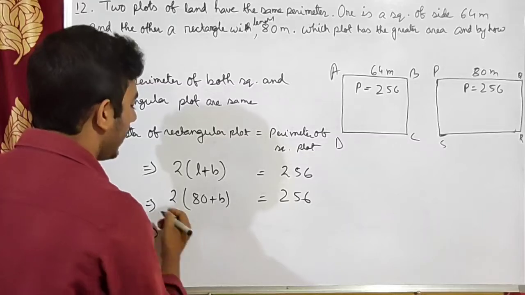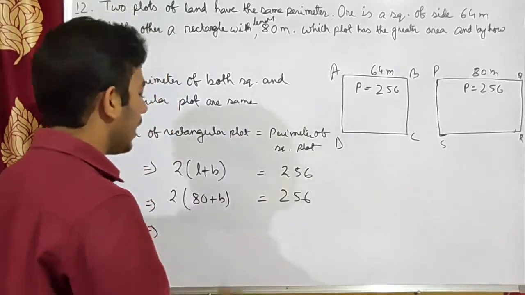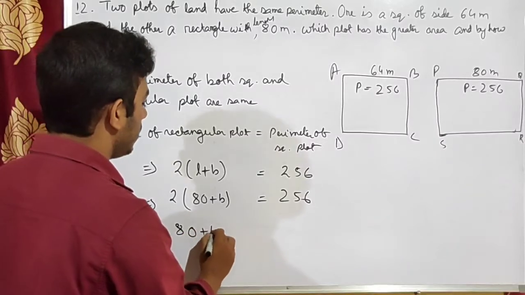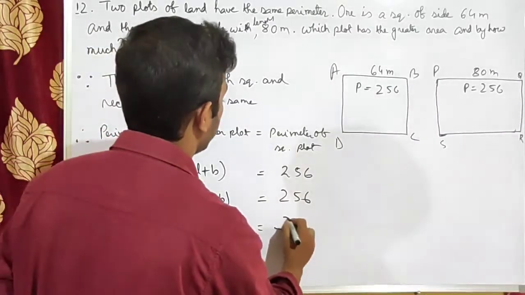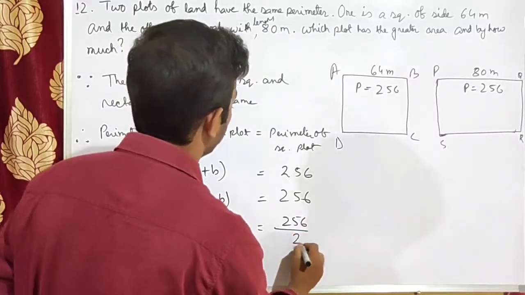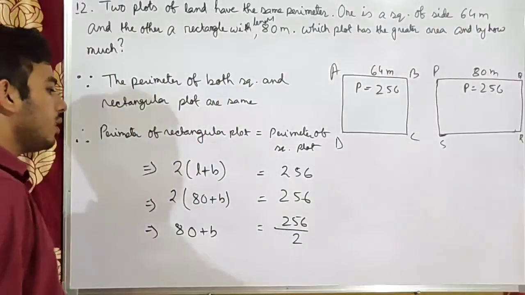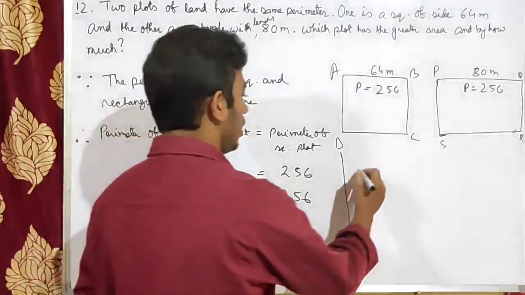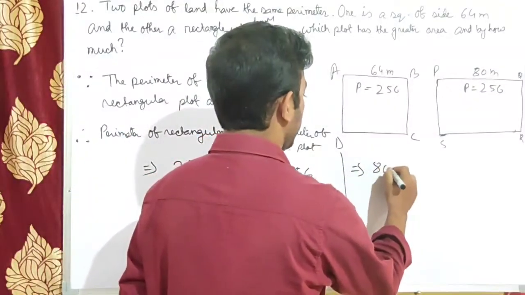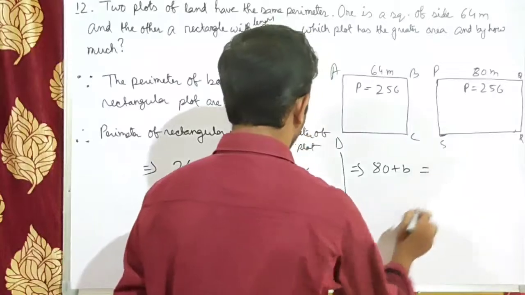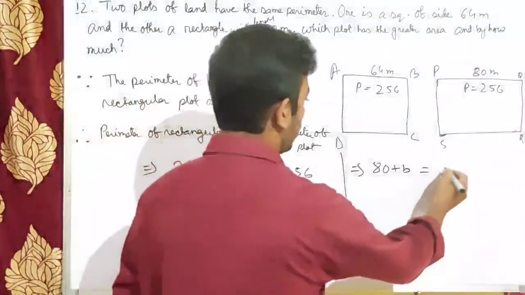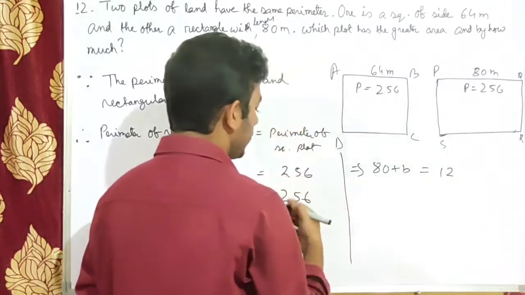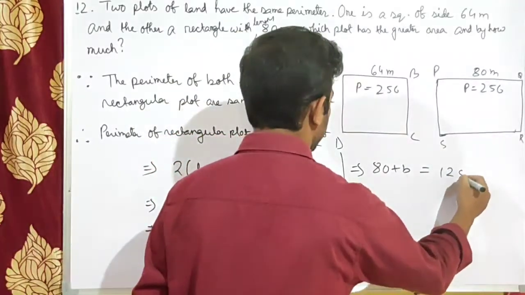Now 2 is multiplied with (L plus B), so when you change the side it will be divided. So 80 plus B equals 256 upon 2. Now if we cancel 256 by 2, 80 plus B equals 128. 2 into 1 is 2, 2 into 2 is 4, 2 into 8 is 16.